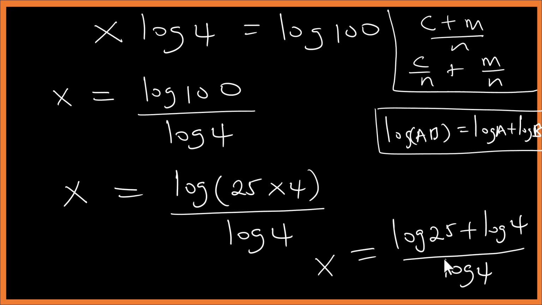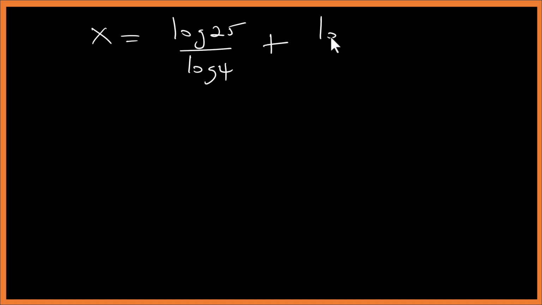So we can write this one as log 25 over log 4 plus log 4 over log 4. So my x will be log 25 over log 4 plus log 4 over log 4.